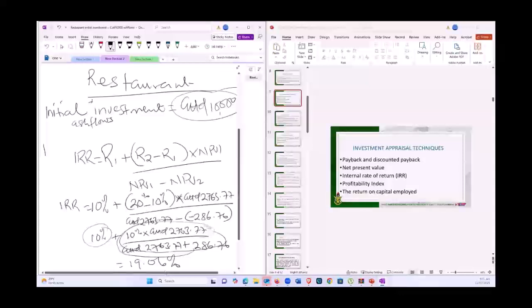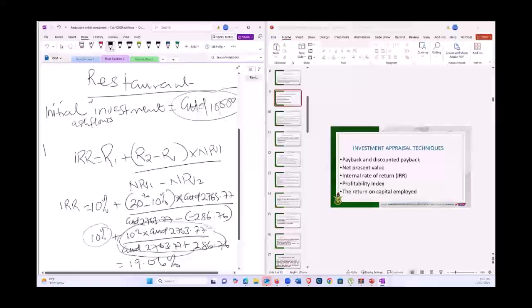Now, it is possible that when you use internal rate of return and net present value methods to assess a particular project, there will be conflicting results or conflicting outcomes. The internal rate of return may give you an outcome that is different from what the net present value method will give.